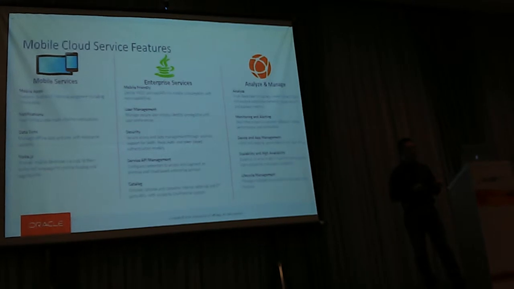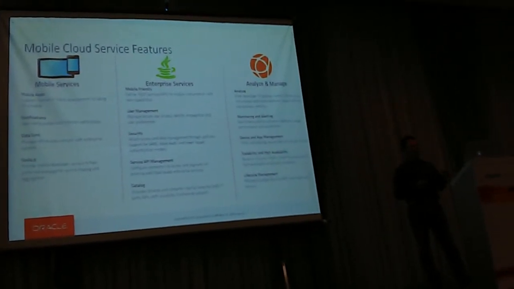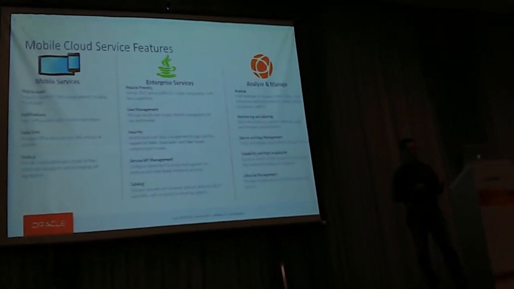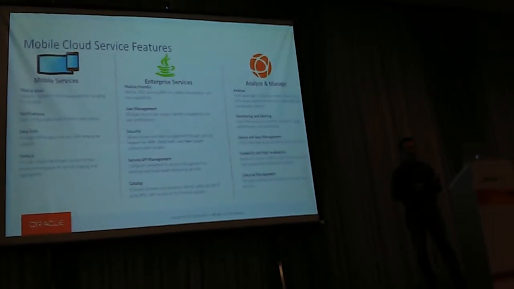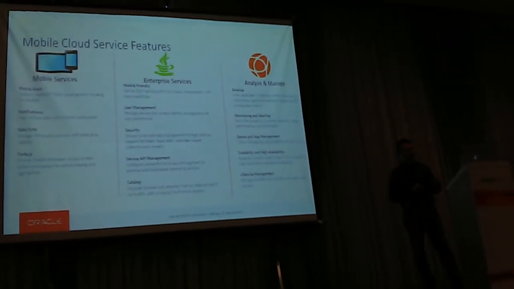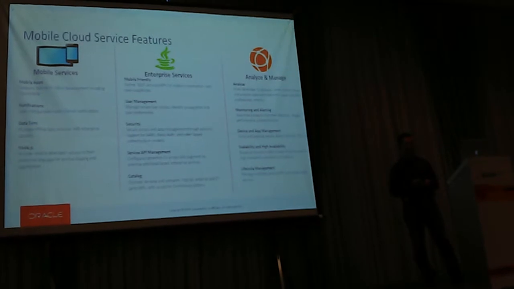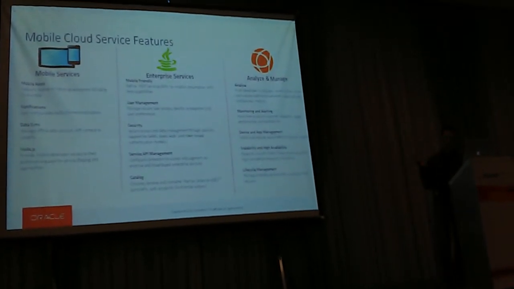So what we're talking about here is mobile cloud service features that consist of your mobile applications, notifications, data synchronizations, your enterprise services, user management, security, as well as service API management, cataloging, and then the ability to analyze and manage information, and monitor information, and alerts, things of this nature.